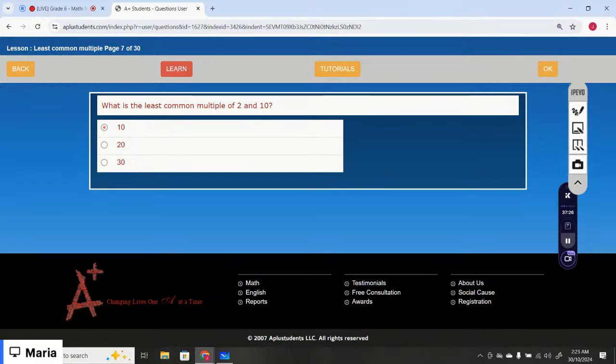Option number 1 is the correct option. Least common multiple is 10.